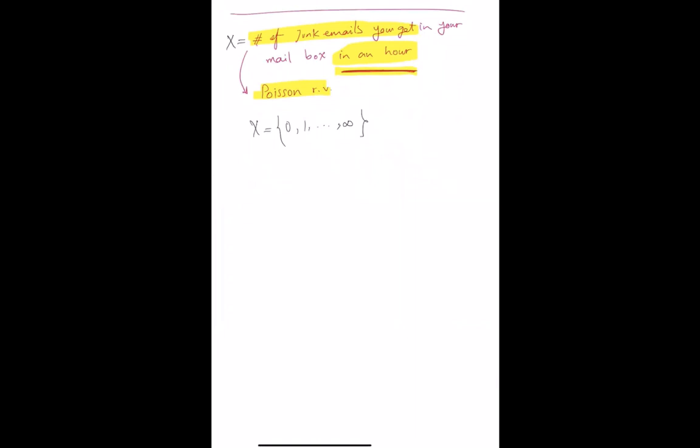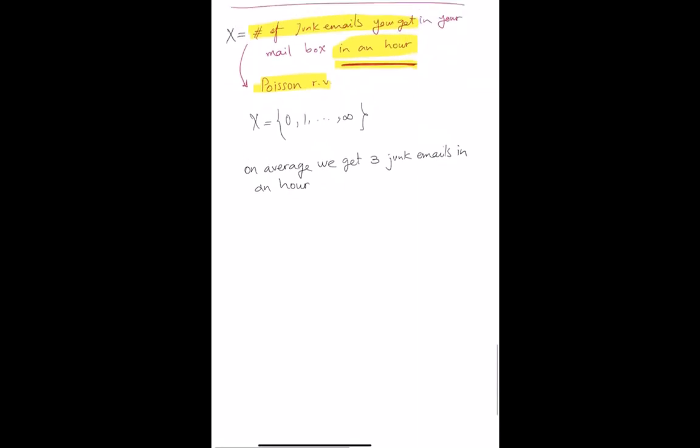Okay, so then let's assume I give you an average. Let's say on average we get 3 junk emails in an hour. Okay, I give you that.